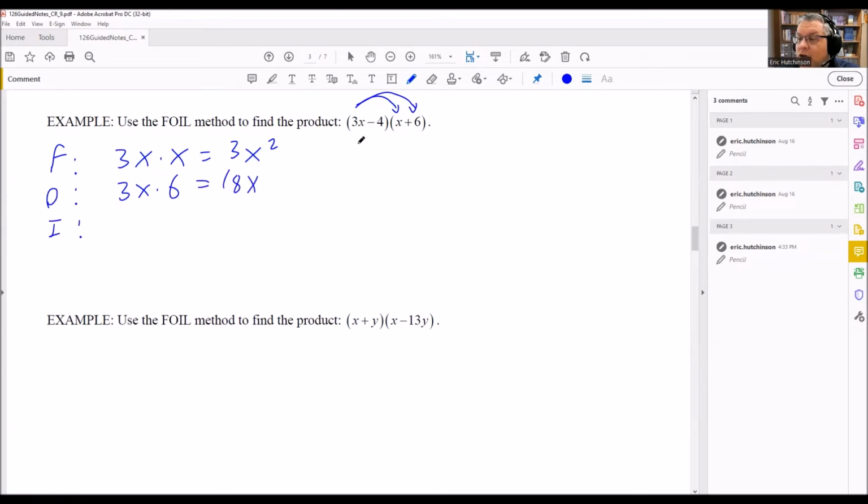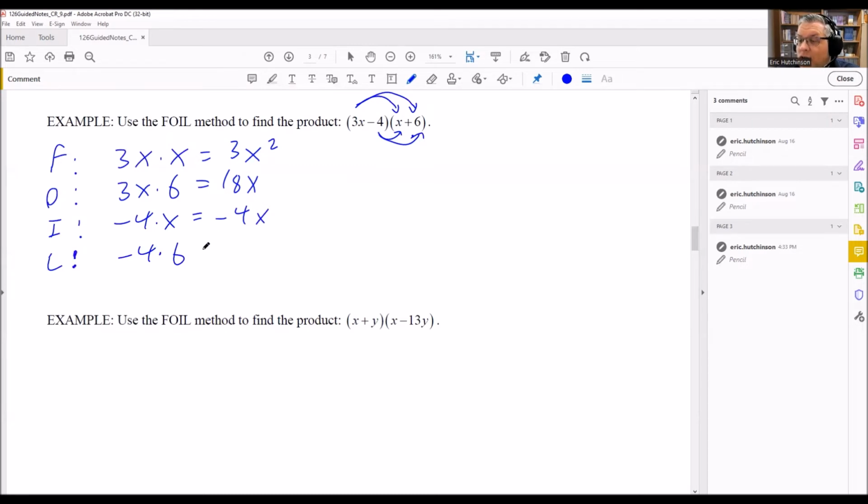Then we're going to do the inner terms. So the inner terms, we have -4 times x is going to be -4x. And then we've got the L for last. The last terms are going to be -4 times 6.